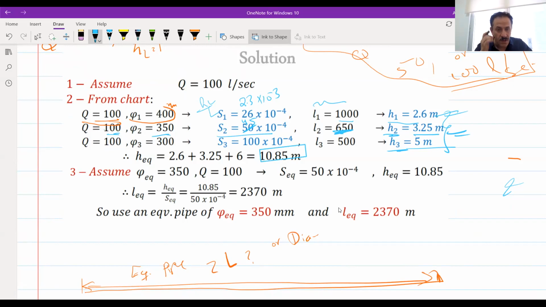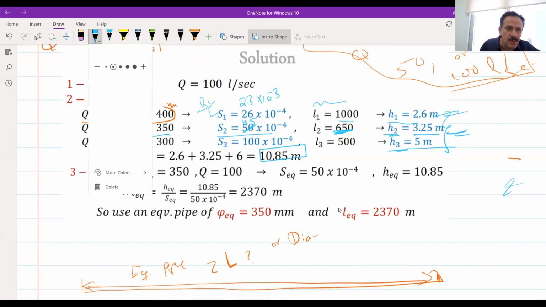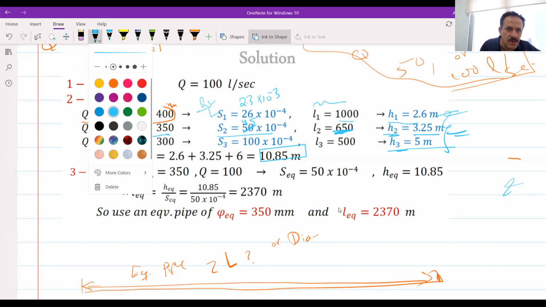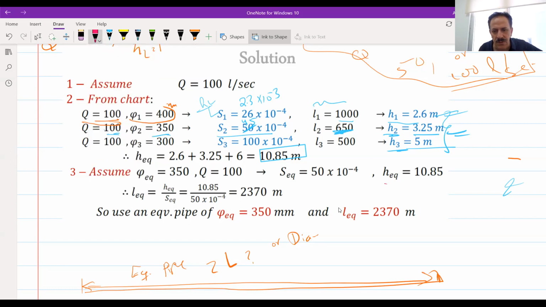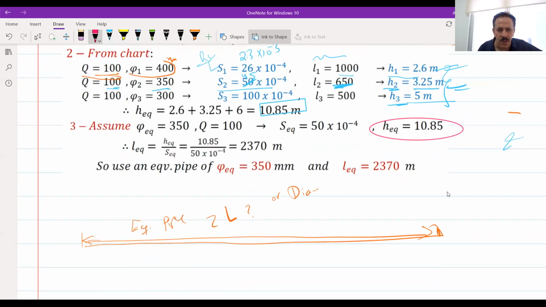Now, for the new one, the equivalent pipe, what should I do? I have the head loss, 10.85 meters. That's the whole head loss.